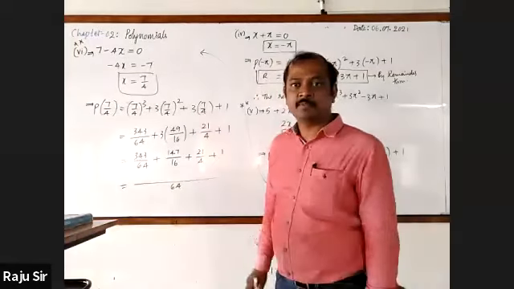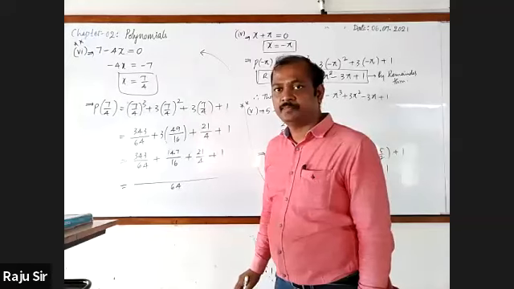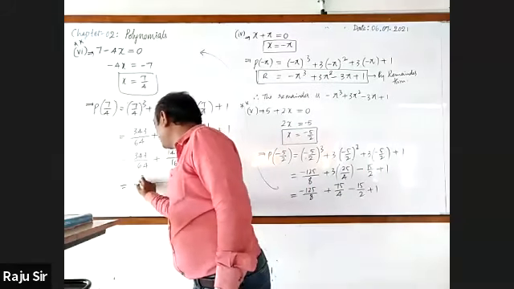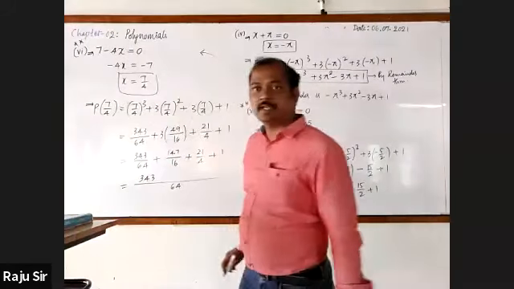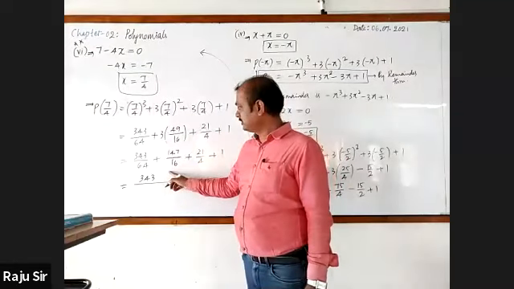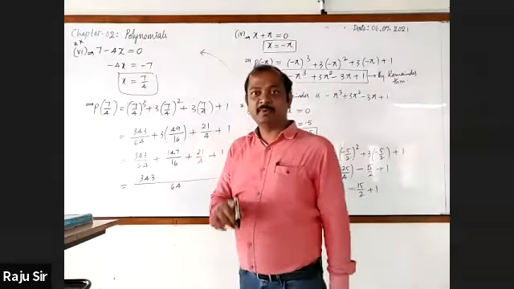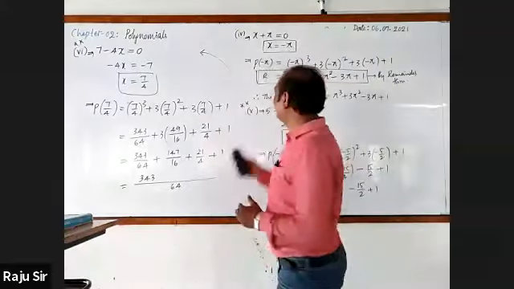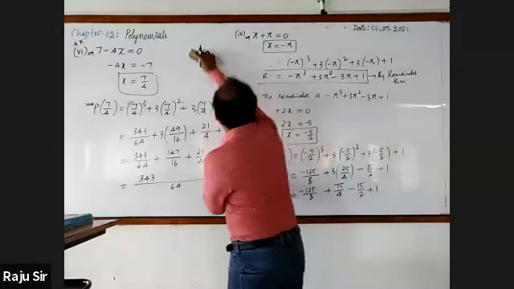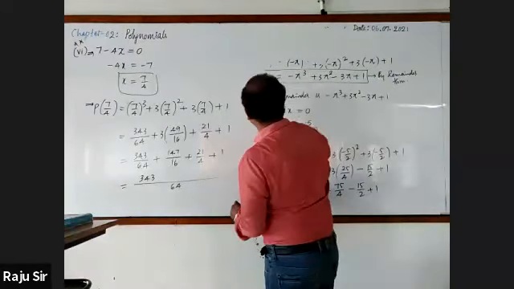Then the first term is 343. Very good. The second term should be multiplied, 588.